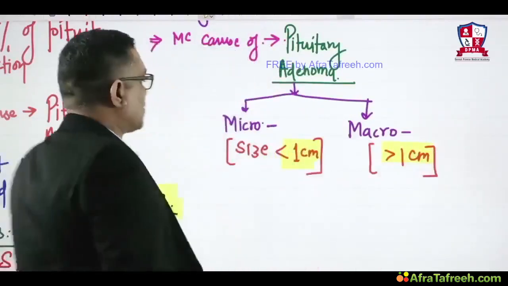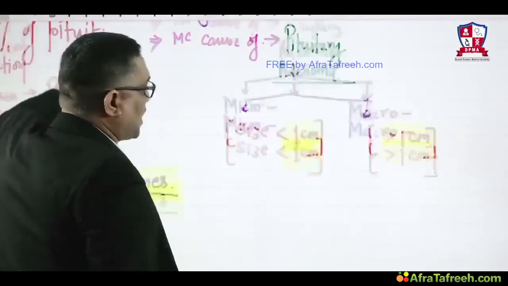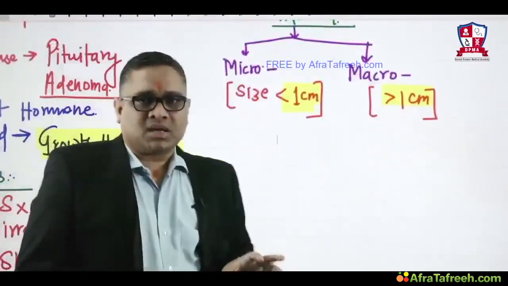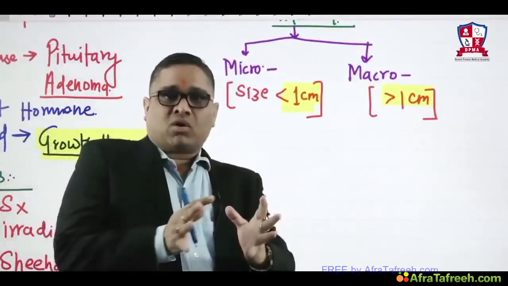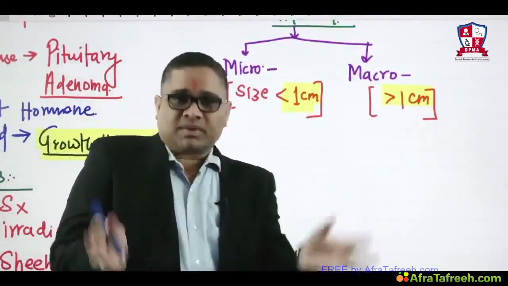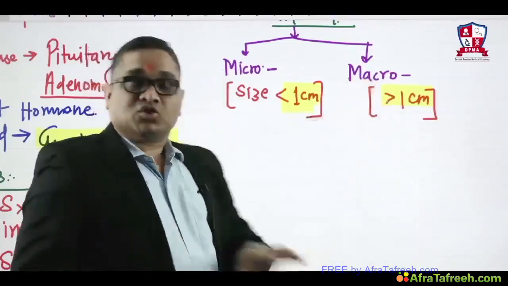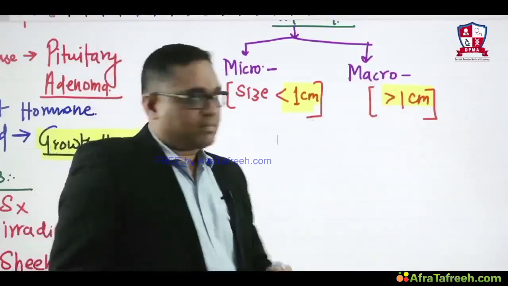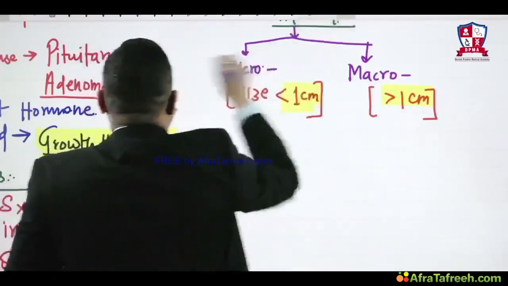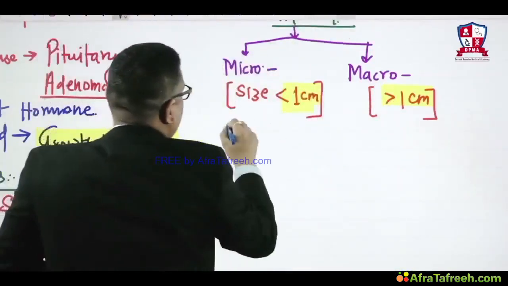Now the important point to understand here is, microadenoma will be functional. They will be releasing hormones and causing the basic pathology. Macroadenoma is usually silent. Hormonal secretion will not be from them. That is why I am saying usually silent. So this point we have to remember.